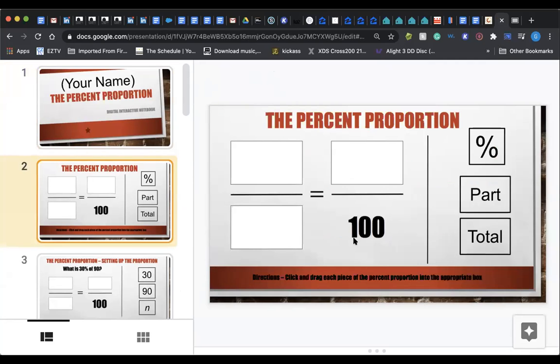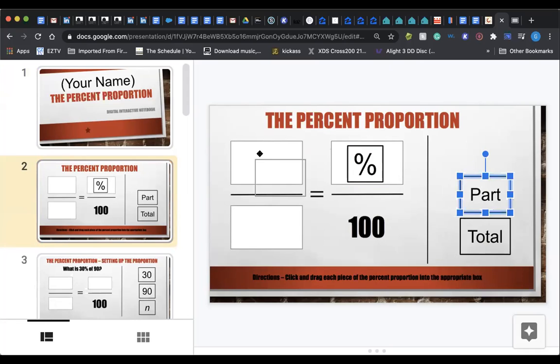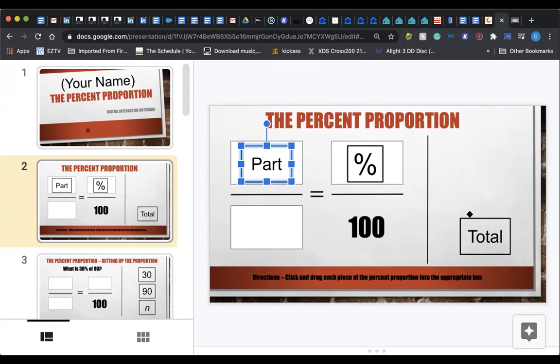So when we're looking at proportions and using them to solve percents, the percent that we're looking for is always over 100, and it really should be on the right side of the proportion. The part that we're trying to find should be the top part, and the total is at the bottom.